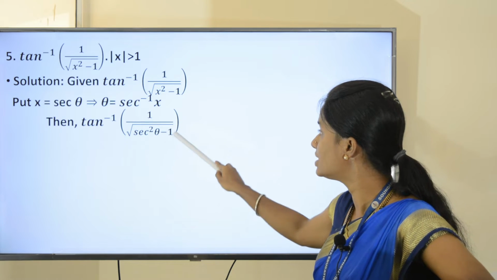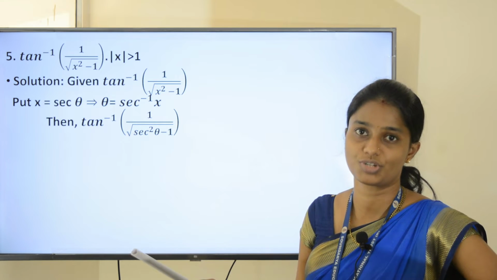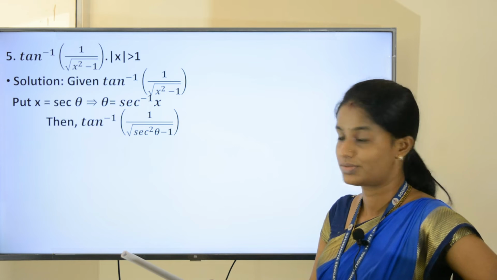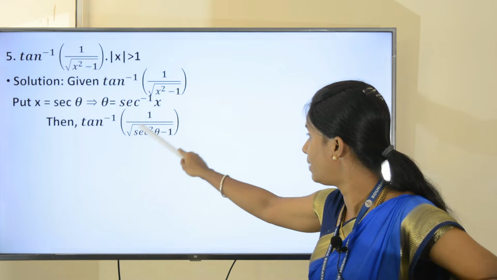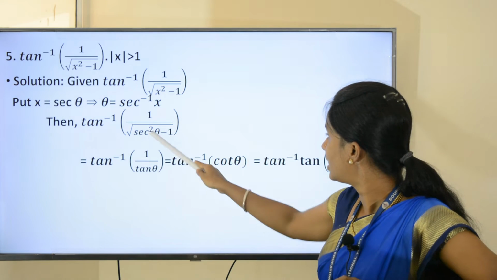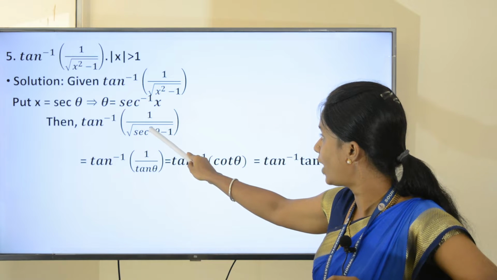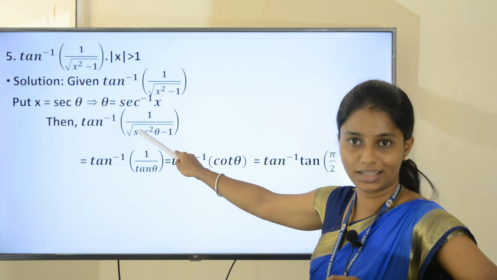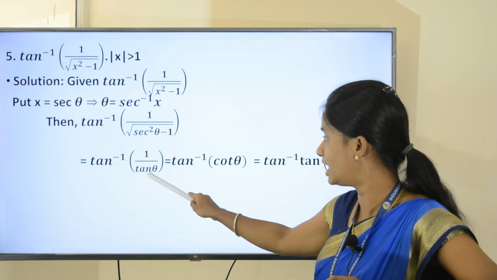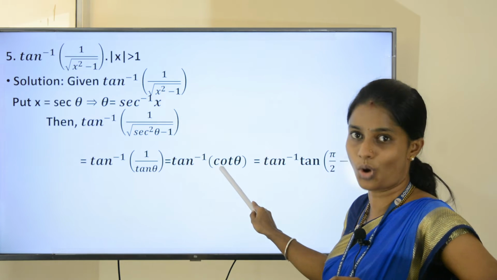Please observe, secant square theta minus 1 can be replaced with the trigonometric identity, that is tan square theta. 1 divided by square root of tan square theta, square root and square will get cancelled. Remaining is 1 divided by tan theta, which can be written as cot theta.